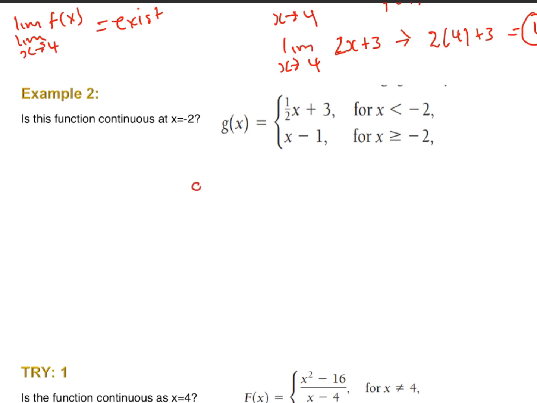So when we evaluate g of -2, we are going to get a value which is 2. I forgot to place the limit here.